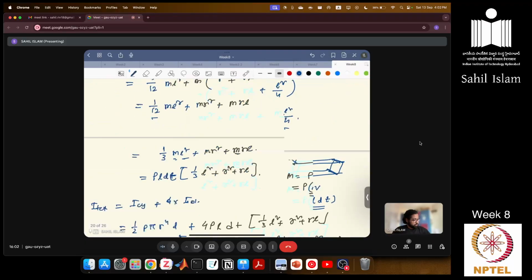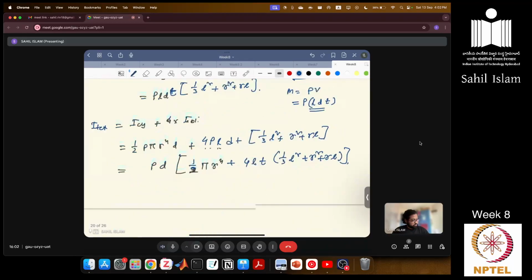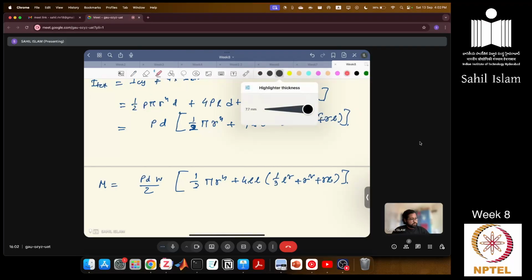So I total we got. Now the moment is I times omega by tau. So moment becomes rho d omega by tau times (half pi r to the power 4 plus 4 L t times 1/3 (L square plus R square plus RL)). Okay, so this is what we got as our answer.